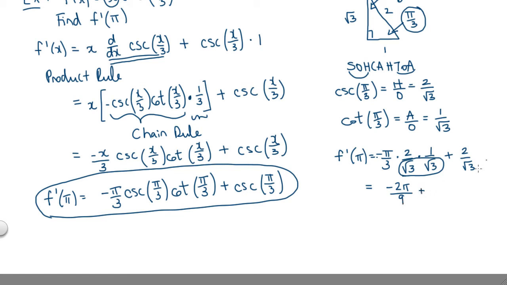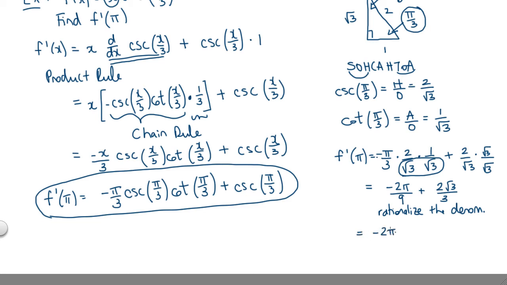And then for our second term here, it would be a good idea to rationalize this denominator. So instead of writing 2 over root 3, let's think of multiplying the top and bottom here by root 3. So this is really a 2 root 3 over 3 if we rationalize the denominator, which is what we did right there. Okay, so just getting the square roots out of the denominator. Now, to give a final answer, it would be nice to have a common denominator.